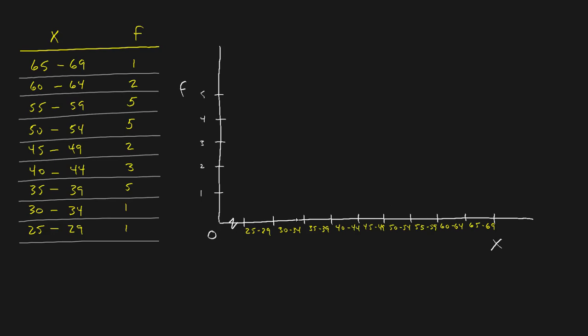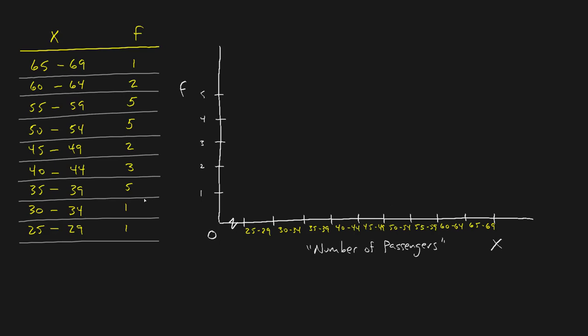Okay. So now that I've got my axes labeled, so I've got X here, you could also label this as the number of passengers. That's what we were keeping track of. Frequencies, you could write out the word frequency, but F is good enough.